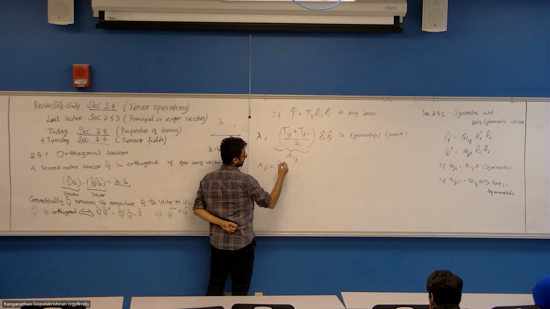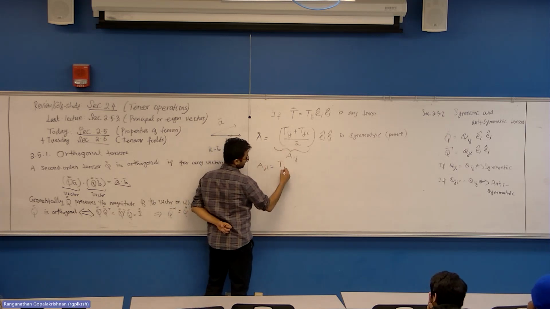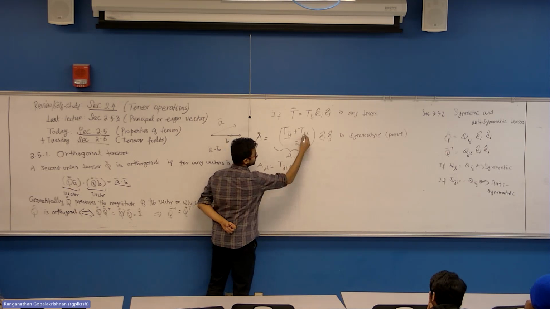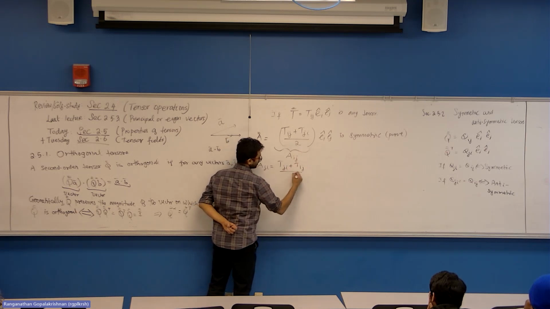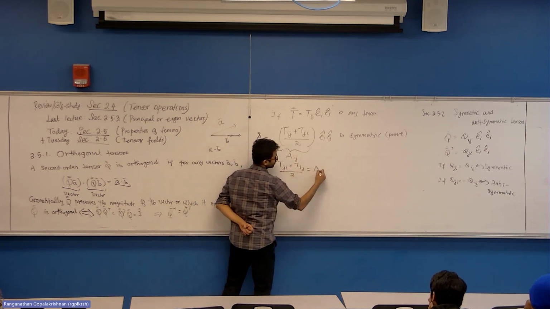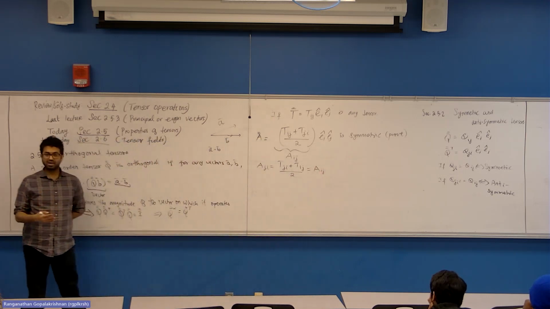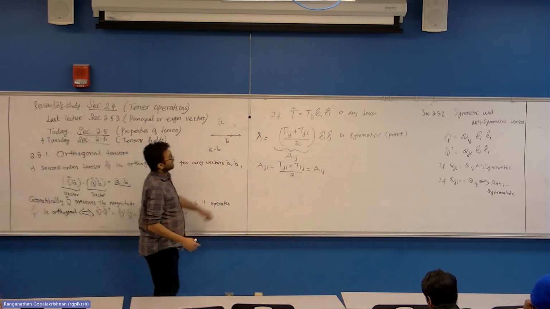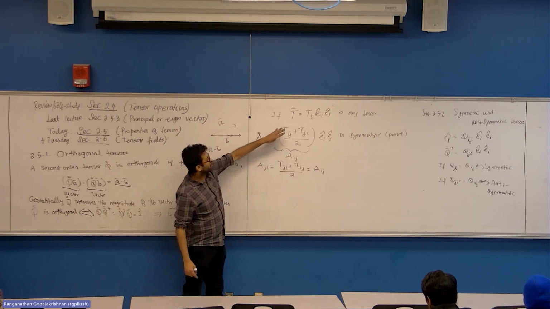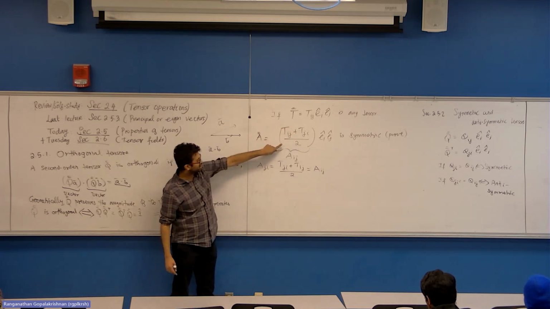Aji is replace I with J and J with I: (Tji plus Tij)/2, which is also equal to Aij. So any tensor can be written, using the components, to construct a symmetric tensor.